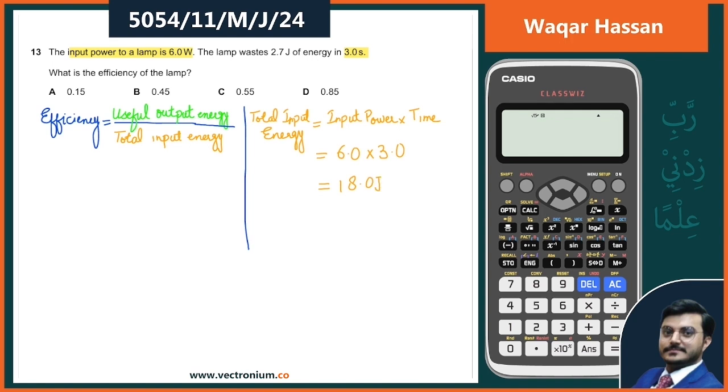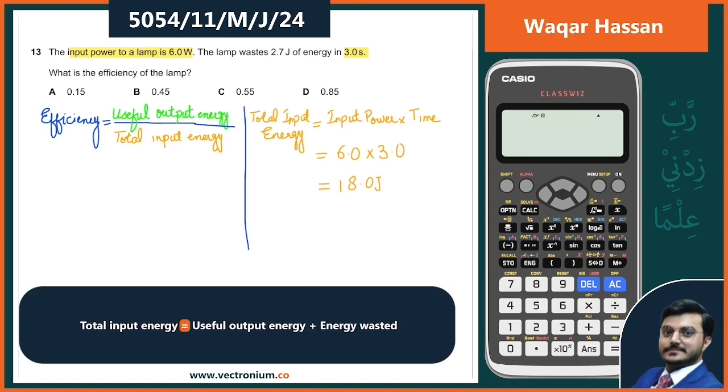And we also know that the total input energy is equal to useful output energy plus the energy wasted. Or from here we can calculate the useful output energy, which is useful output energy is equal to total input energy minus the energy wasted.